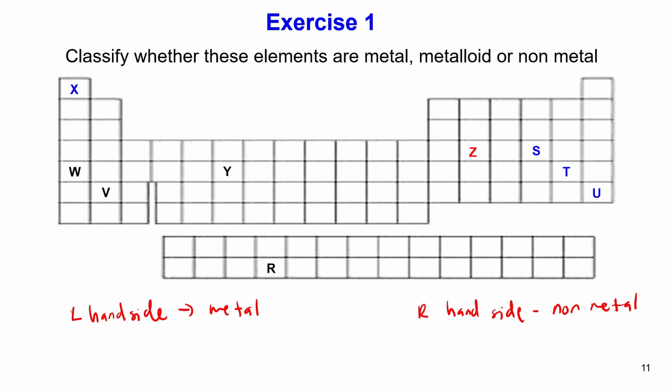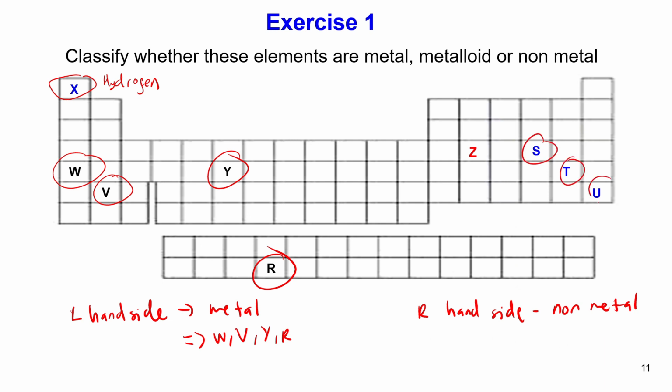So left hand side refers to W, V, Y, and R. Remember, this one is hydrogen. So elements that are metal: W, V, Y, and R. For non-metal: Q, S, T, U, and X. So element Z is metalloid.